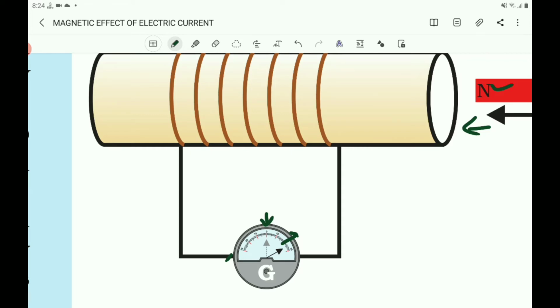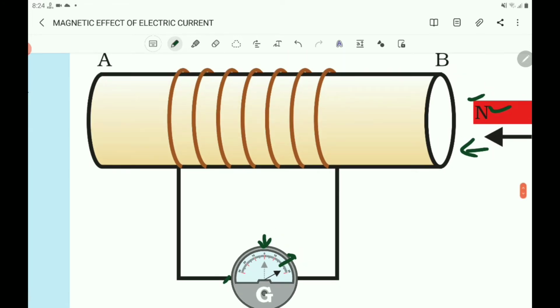So here, when the bar magnet moves towards the end B of the coil, you will observe a deflection in the needle of the galvanometer, and this indicates the presence of current in the coil AB. The deflection becomes zero the moment the motion of the magnet stops. If the movement of the magnet stops, then the deflection will be zero.